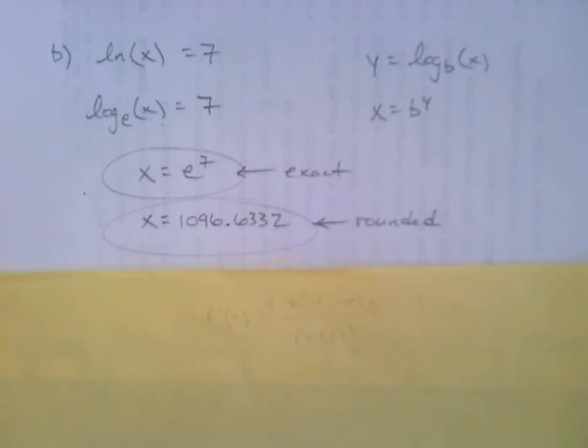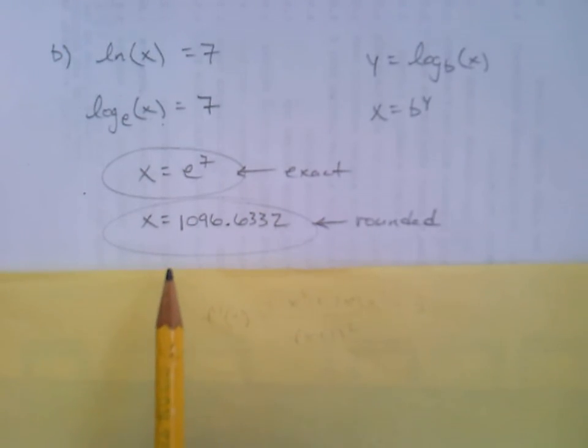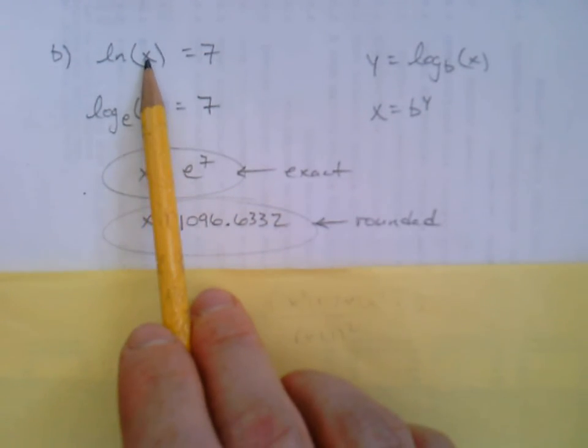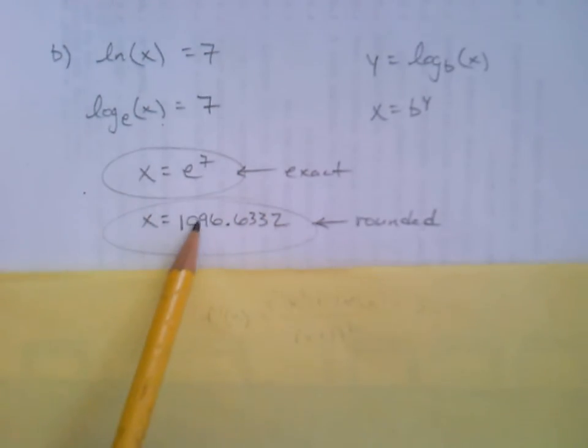I rounded it to 4 decimal places, which is a pretty common thing to do when it comes to exponentials and logs. We'll see that in homework, I believe, too. So there you go, 1096.6332. That's the number that would need to go here so that the natural log of that number would give you 7. Rather big number for the natural log to just be 7, but that's what it is.